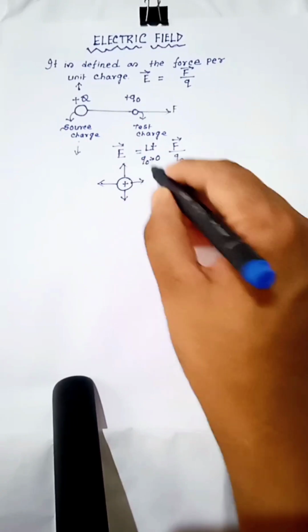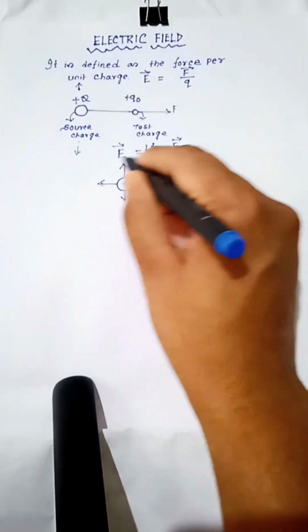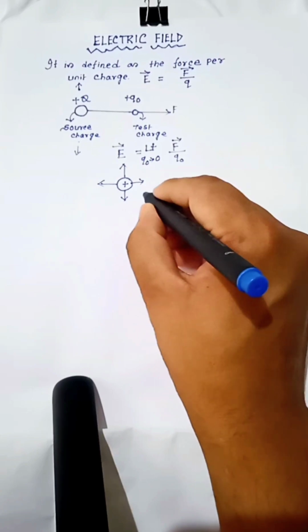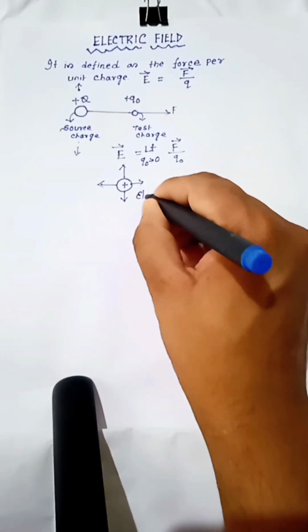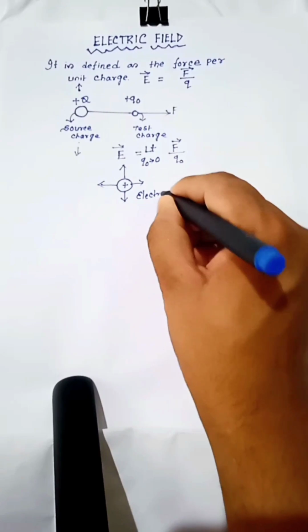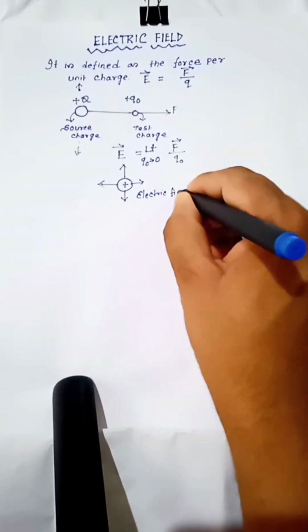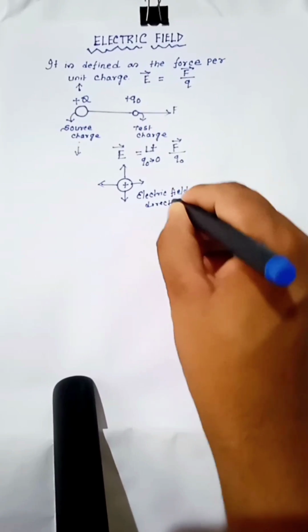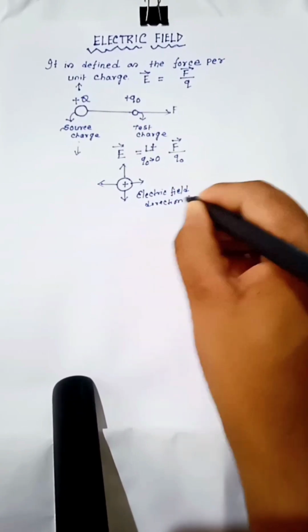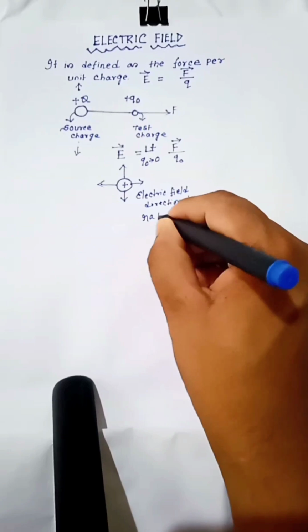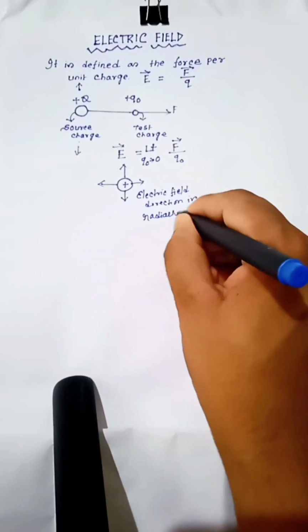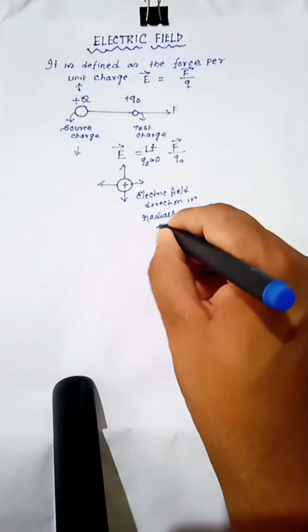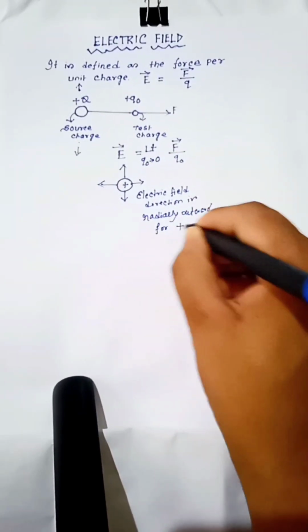And it is proved that this is uniform, and that's why we can say that the electric field direction is radially outward, for positive charge.